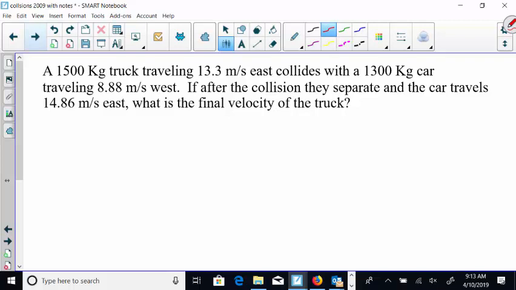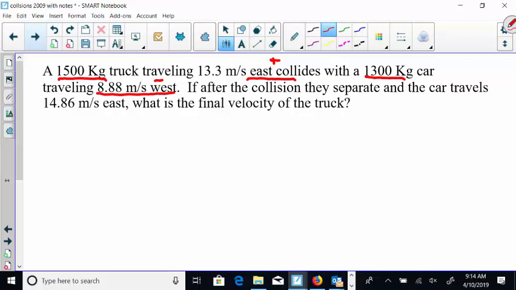So what we have is a 1,500 kilogram truck traveling to the east, and east in our case is our positive direction. And then we have a 1,300 kilogram car traveling to the west, and that is the opposite direction. So one of these two has to be negative.